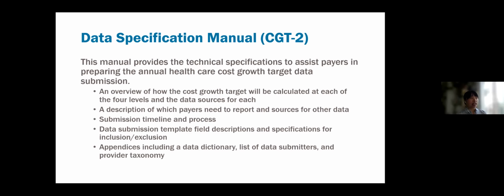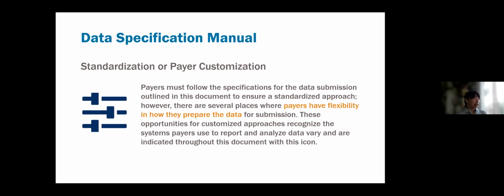We're going to pull out and talk about some key sections, especially because they may be sections where there's flexibility in reporting for payers. So the manual has specifications for what you must report, and whenever you see this adjustment icon, that denotes an area where you have flexibility, and we'll talk about those coming up.